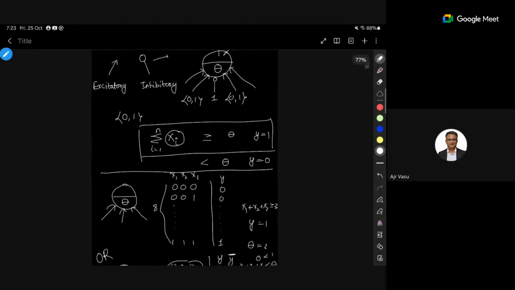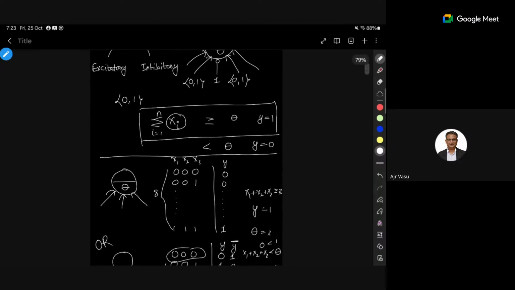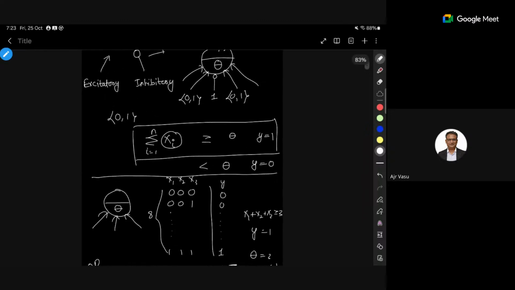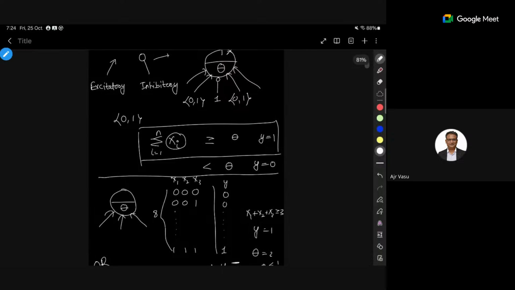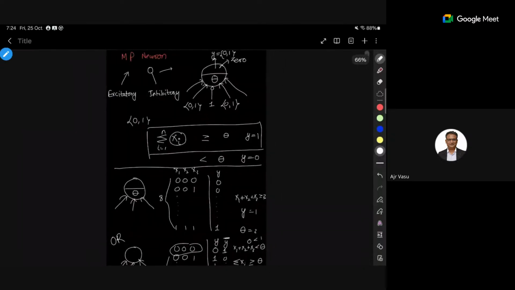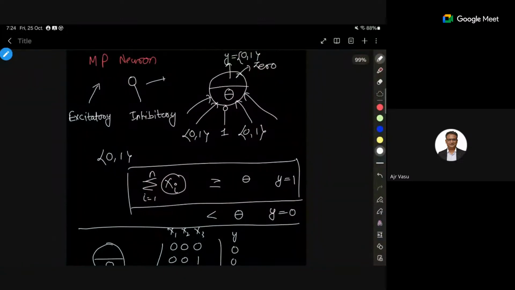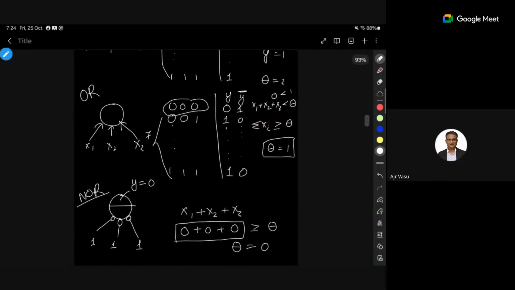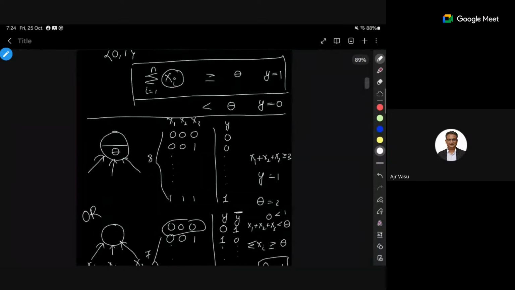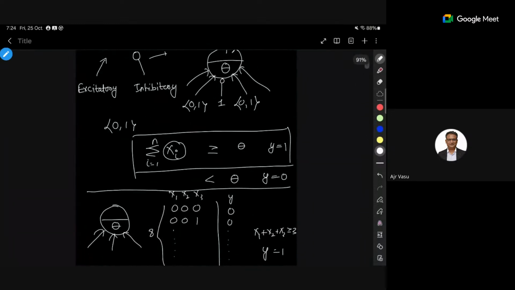The MP neuron is defined as greater than theta. Okay, I was just wondering if that definition can be changed. I'm just making it left instead of right. But that won't be the MP neuron. This is all about the MP neuron.